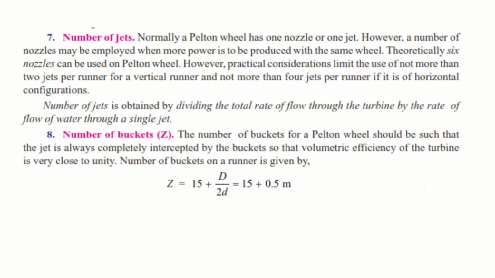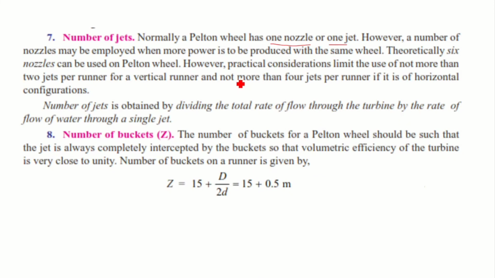Normally a Pelton wheel consists of one nozzle or one jet. However, a number of nozzles may be employed when more power is to be produced with the same wheel.